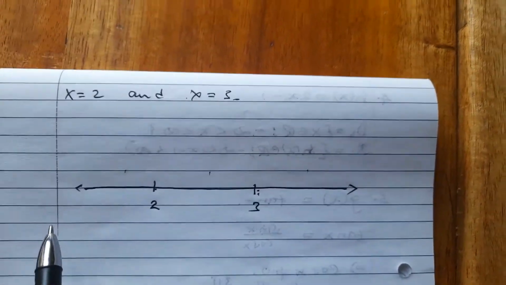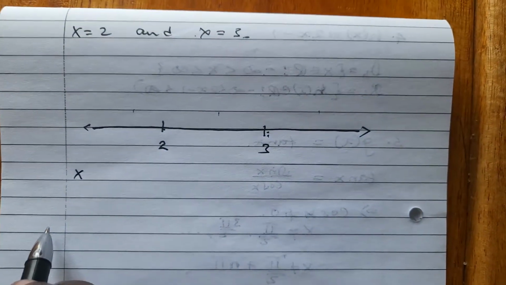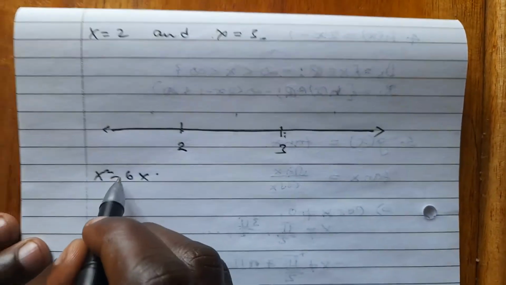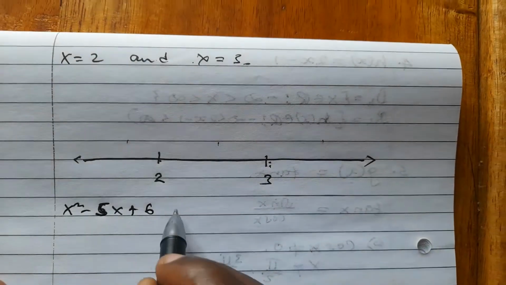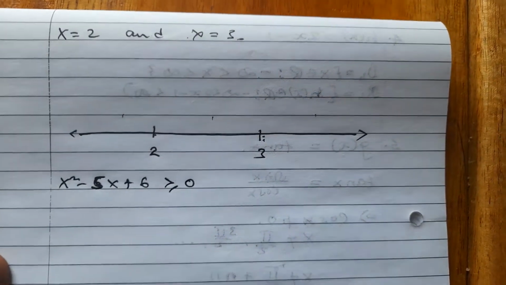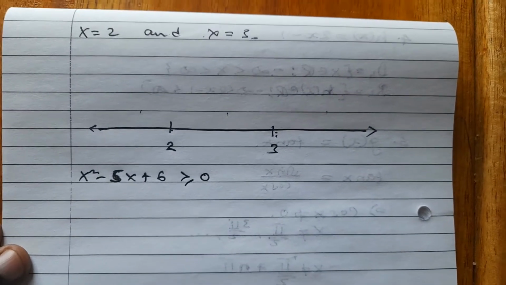You realize our condition was x squared minus 5x plus 6 is greater than or equal to 0. That was our condition based on the function because it was a radical function.